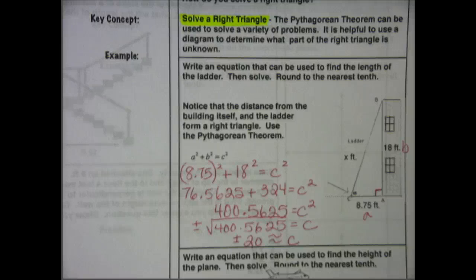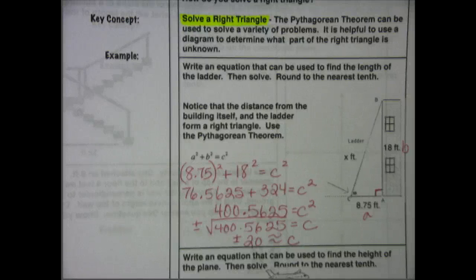Now, if you aren't sure how to do that in your head, you can always take your calculator, hit the second x squared, and then put in 400.5625 equals, and you're going to get 20.01405756, and when you round that to the nearest tenth, you're going to get 20.